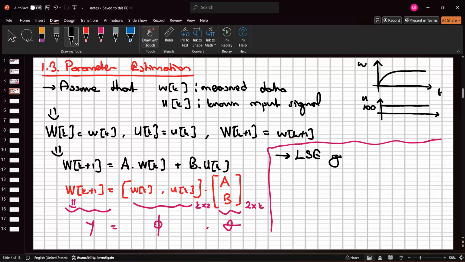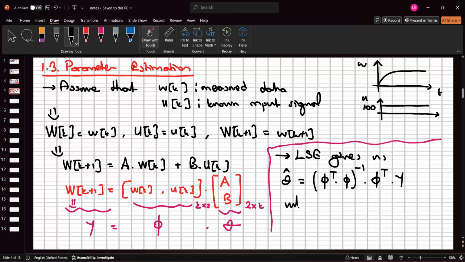LSE gives us the theta hat, the estimated value, which equals (phi transpose phi) to the power minus 1, this is the inverse operator, times phi transpose y, okay?